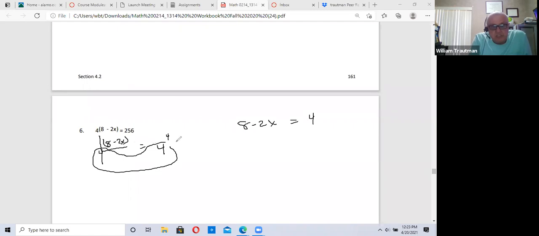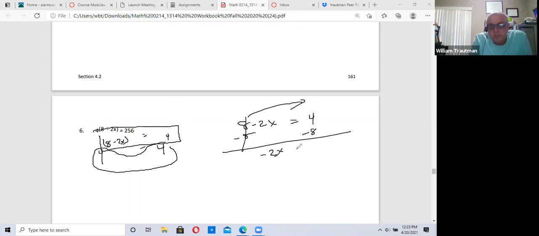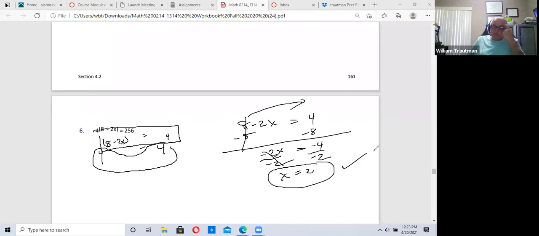Take the 8 to the other side. It's a positive 8, so we're going to subtract 8. Negative 2x equals -4. Then divide by -2. And x equals -4 divided by -2, which is a positive 2. This is the answer to number 6.